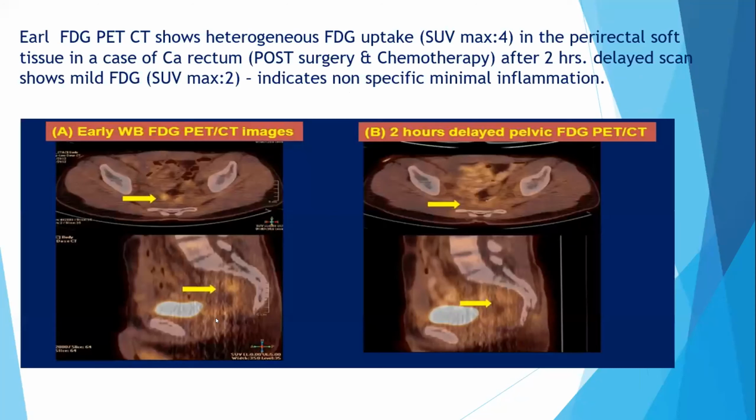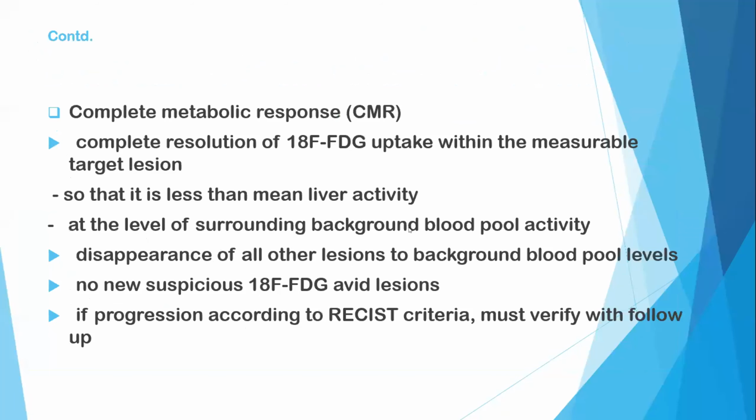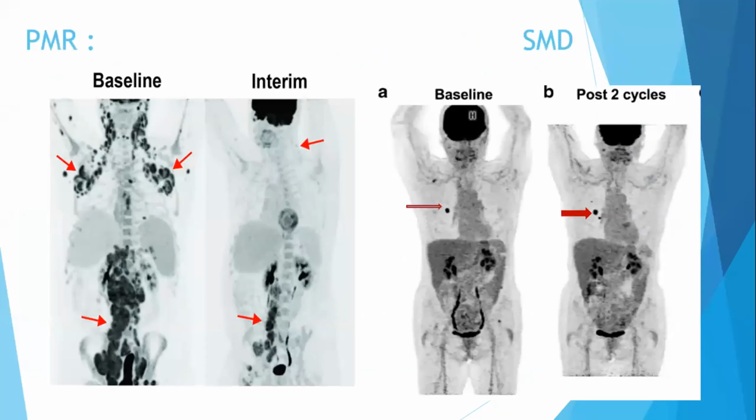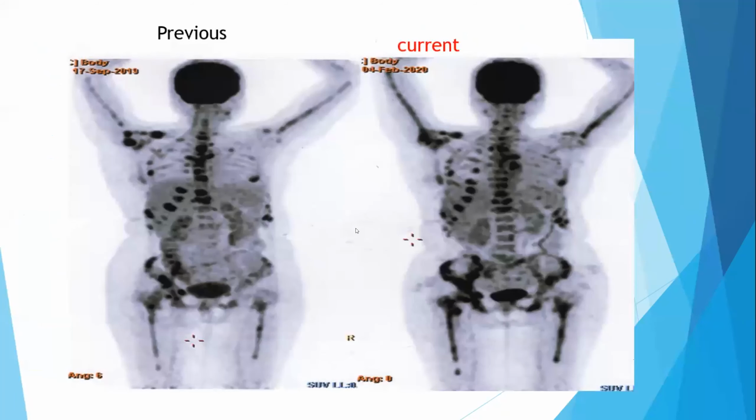But in this patient, the baseline study shows heterogeneous uptake, and after 2 hours the delayed PET shows minimal FDG uptake, so it is inflammatory in origin. We should incorporate PERCIST criteria in our report: complete metabolic response, partial metabolic response, and stable metabolic disease.